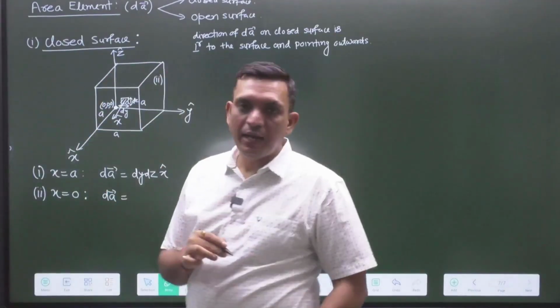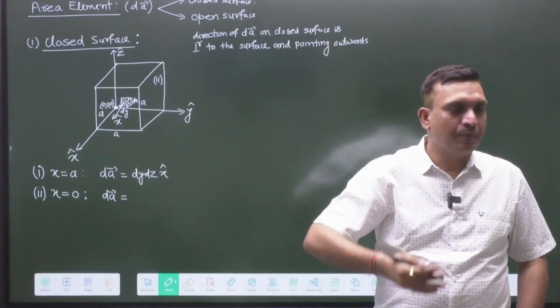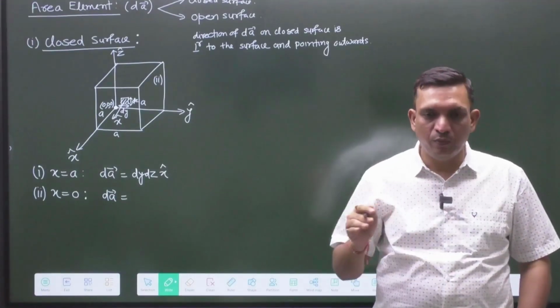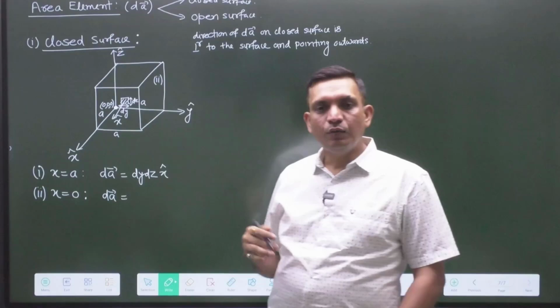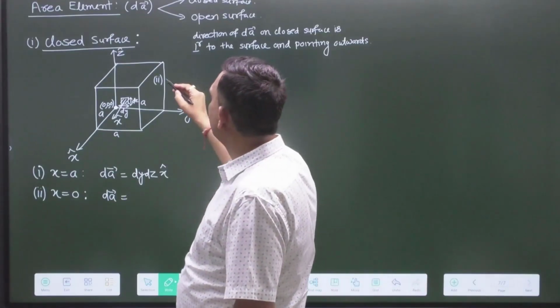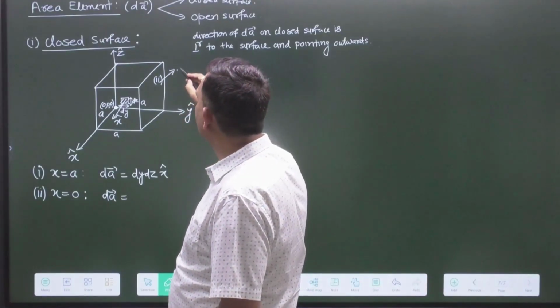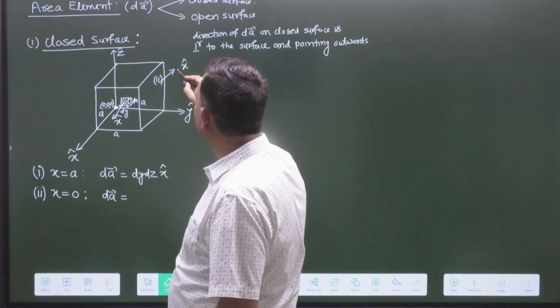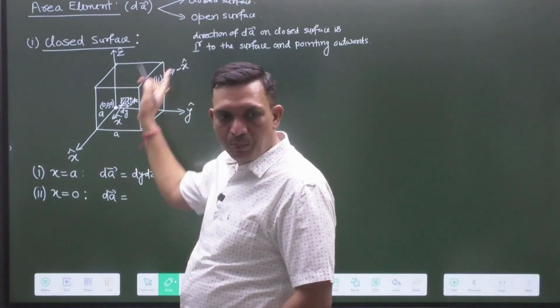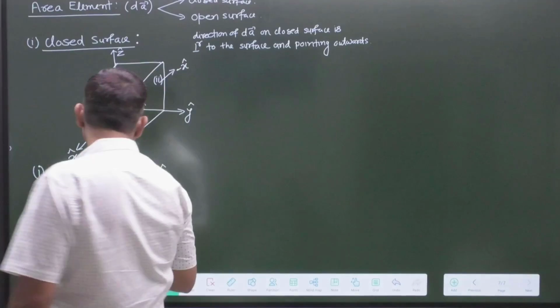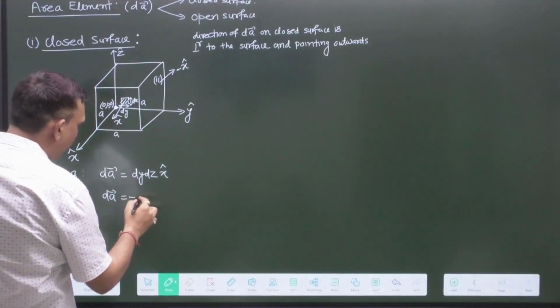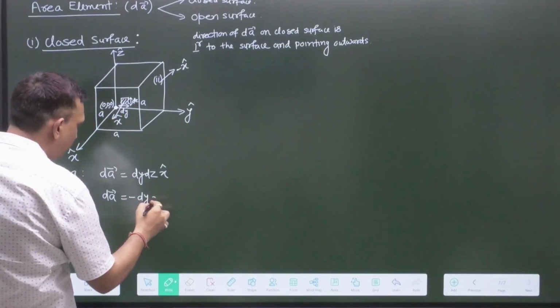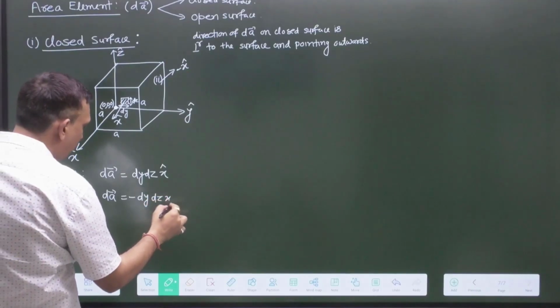Magnitude will be dy dz, the same, because perpendicular to the x-axis, the variables will be y and z. And what will be the direction? Away from the surface. So this direction is minus x cap, because if this is plus x cap, the opposite direction is minus x cap. So dA over this is given by minus dy dz x cap.